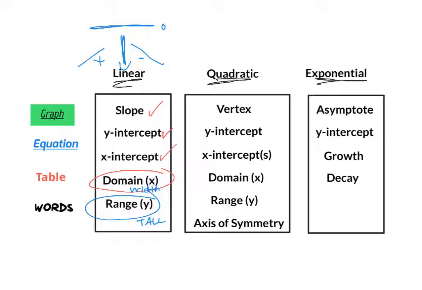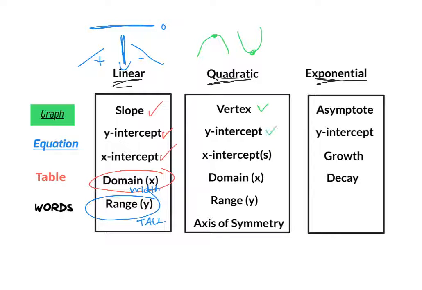Okay? Your quadratic, on the other hand, you got your vertex, which is the most important part of it. That's the turnaround point. That's the middle of the graph. It can either be at the top, which is a maximum, or at the bottom, which is a minimum. Okay?